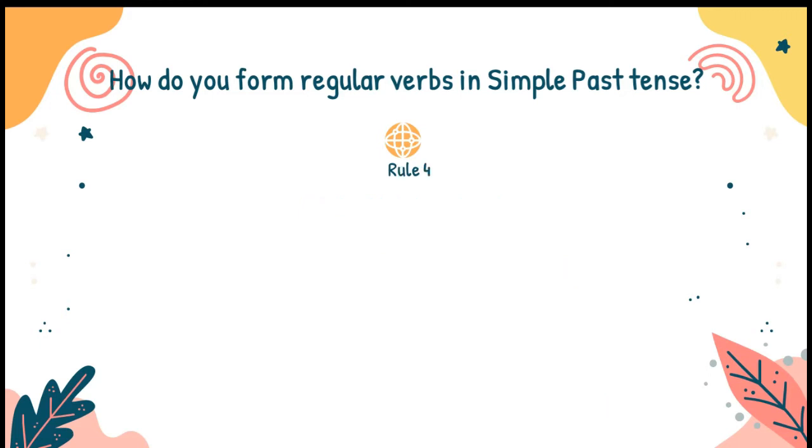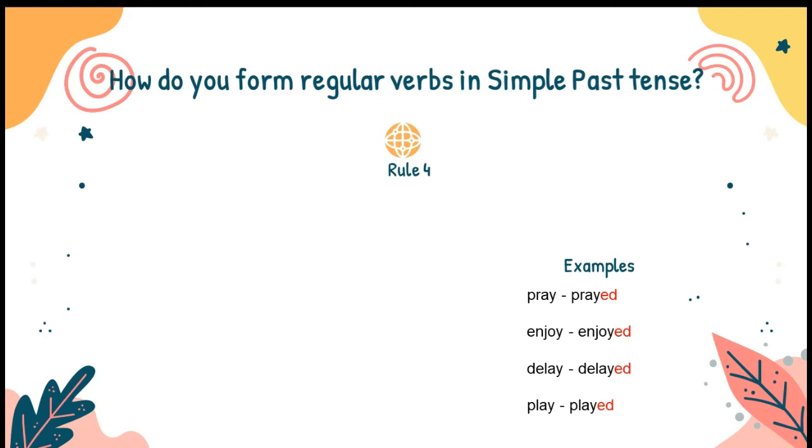Now, rule number 4. Now, look at that. Pray become prayed. Enjoy become enjoyed. Delay become delayed. And play become played. So, the word is ended by Y also, just like rule number 3, but before Y, there is a vowel.